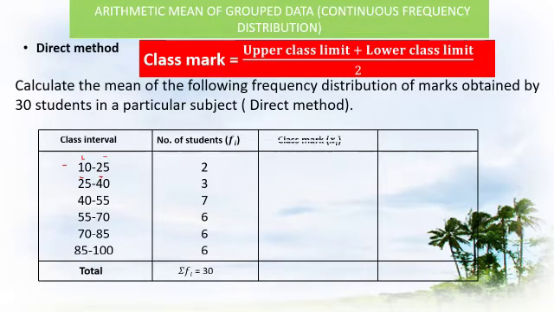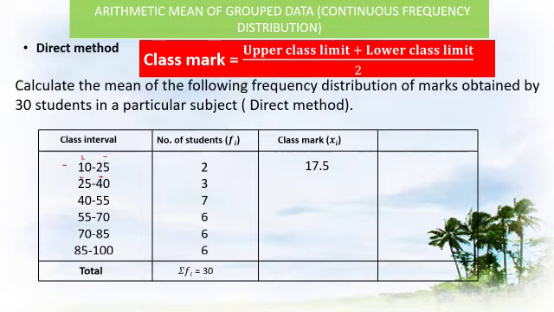To find the arithmetic mean of grouped data, first of all we find the class mark or midpoint of each class interval. Now, the class mark of the first class interval is (25 + 10) divided by 2, 35 divided by 2, which is equal to 17.5.